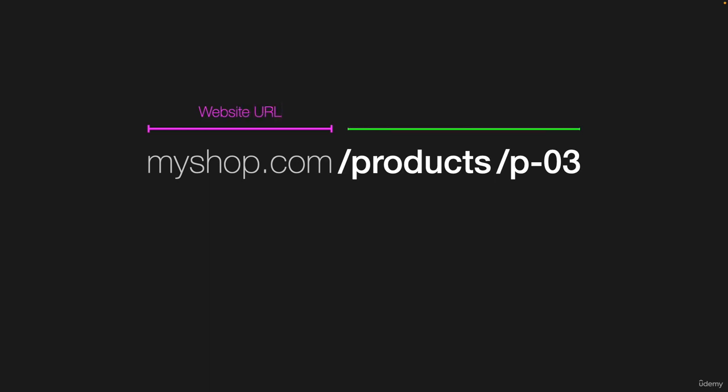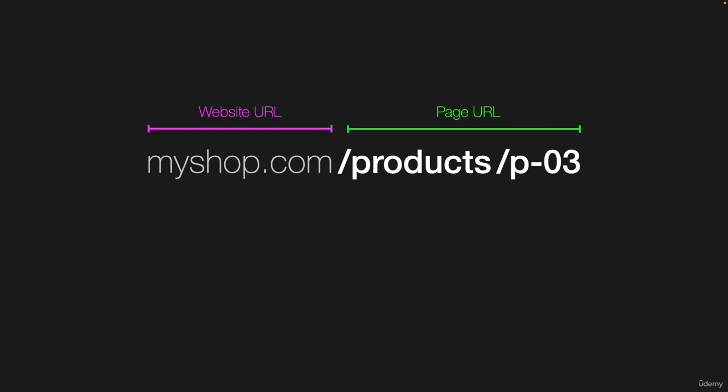Okay, this is the URL of our products web page, and we can have more to it. Okay, we can have, for example, a slash p-03, which is one of our products. Okay, so the first part we call the website URL. Okay, and the second part we call the page URL.